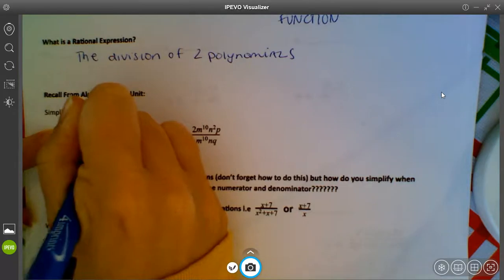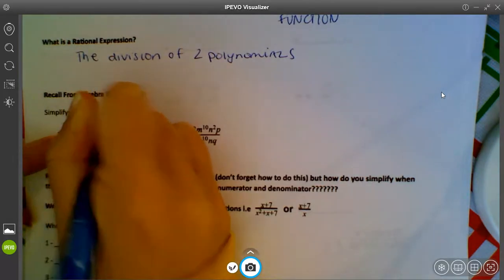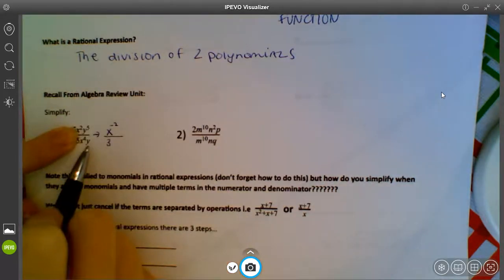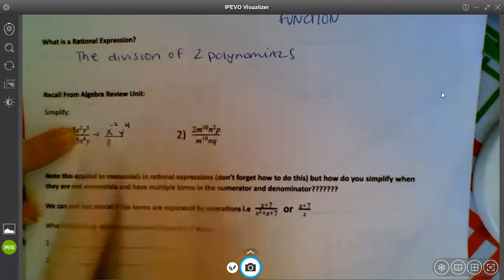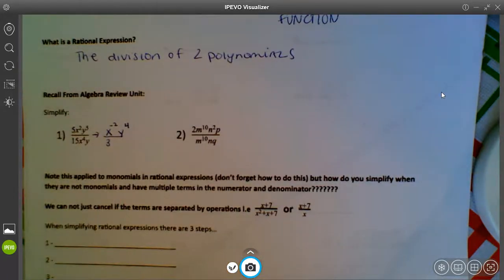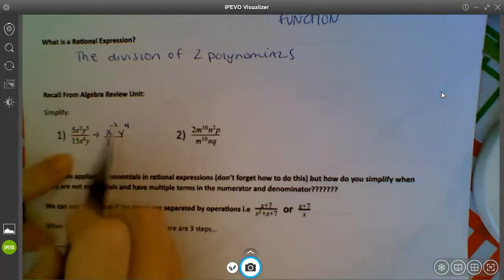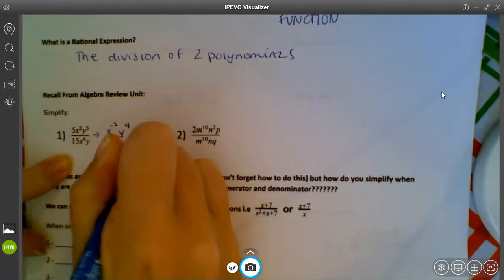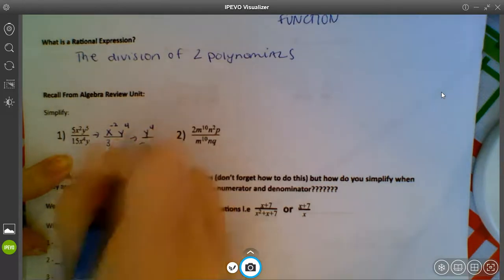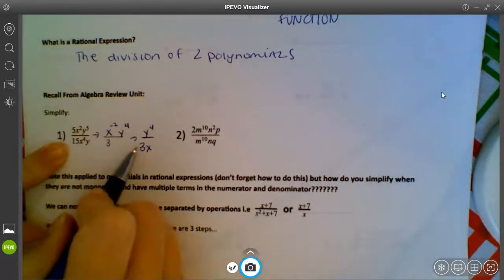So 2 minus 4 is x to the negative 2. And then we have a 5 and a 1 for the y. So 5 minus 1 is 4. We look at this and we say, hey, no negative exponents. That must go to the bottom. So when you are finished simplifying, this turned into this.